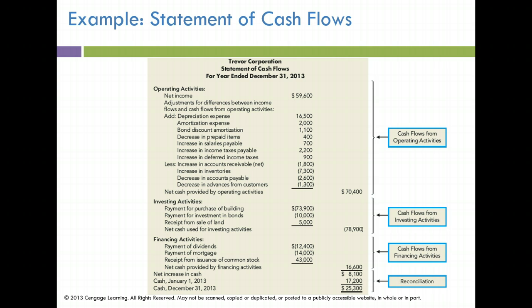Increase in accounts receivable. We're going to subtract that. Why? We started the period with $1,200 in accounts receivable. We ended the period with $3,000 in accounts receivable. Okay?